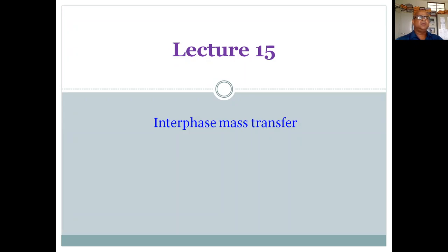First step is diffusion of solute A from bulk to interface in the G phase or gas phase. Then at the interface there is a conversion of interfacial concentration YAI to XAI, that is step 2, and the third step is diffusion of solute XAI from the liquid L phase at the interface to the bulk.